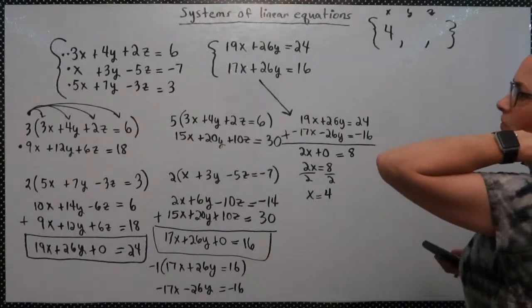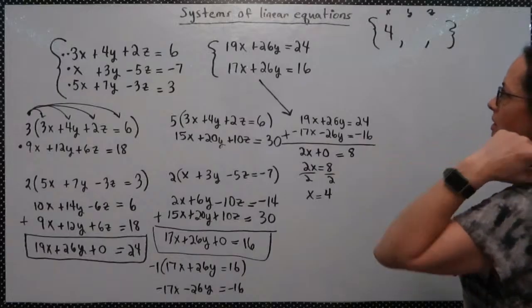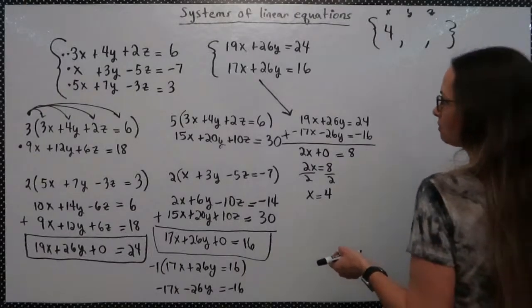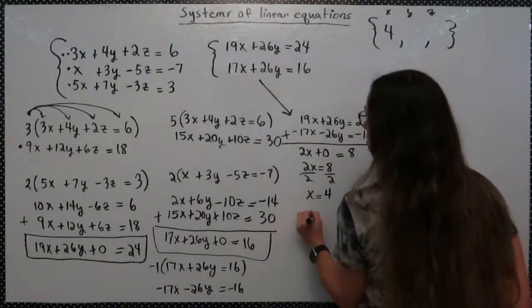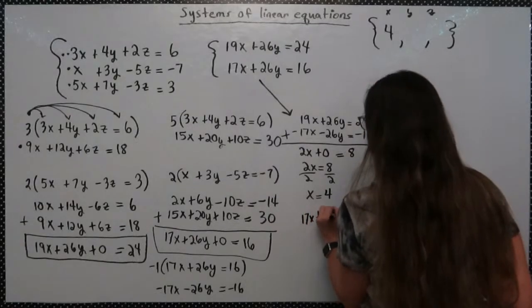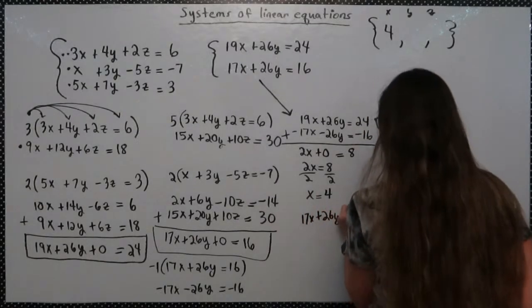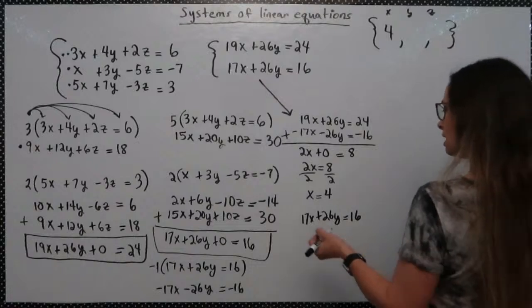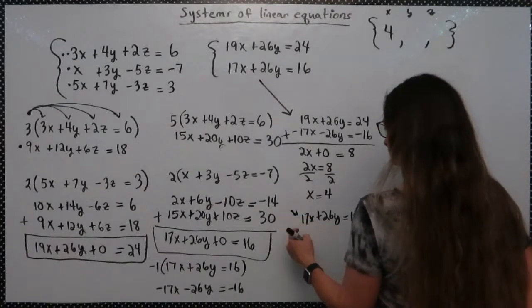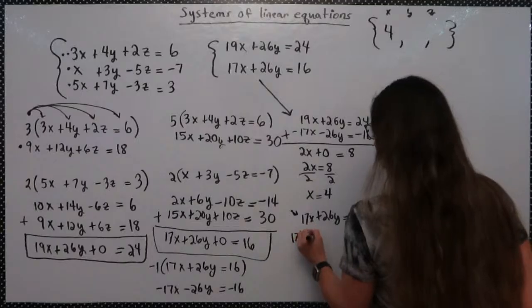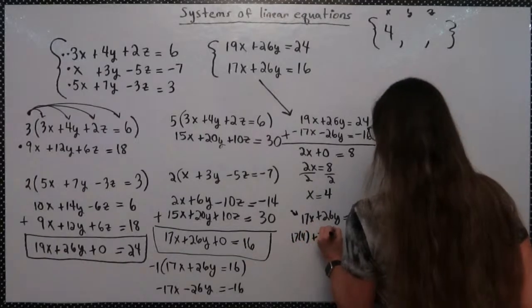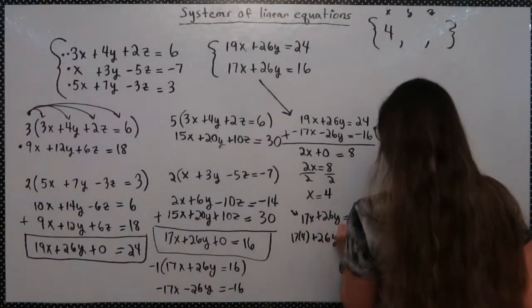So I would just pick, we'll do the second one again. Okay, 17x plus 26y equals 16. And so I have 17 times 4, just plugging in for x, plus 26y, and that equals 16.